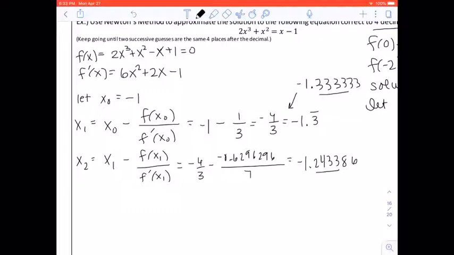So we're on to x3, which is going to be x sub 2 minus f of x sub 2 over f prime of x sub 2. And again, the less rounding you have, the better your approximation will be.